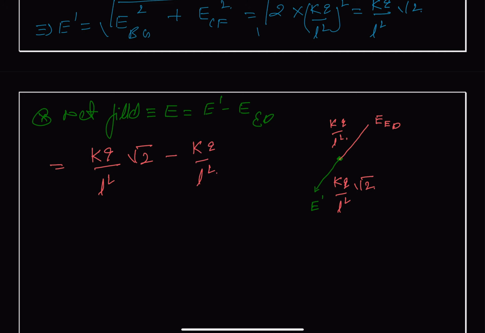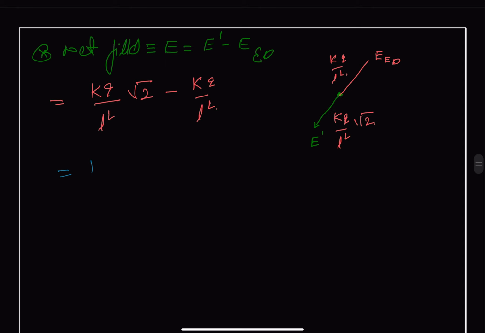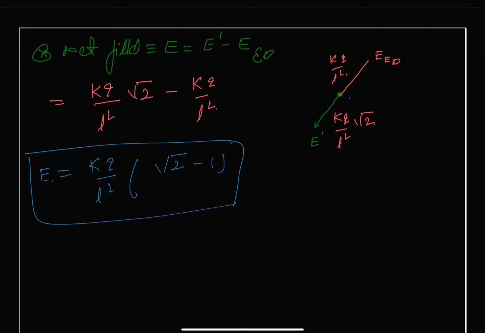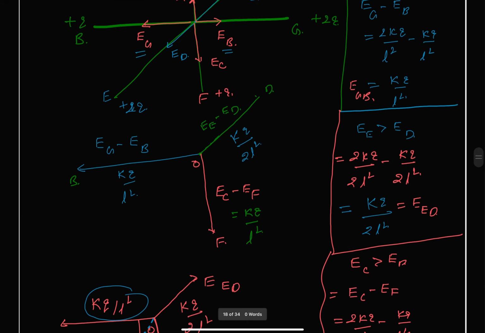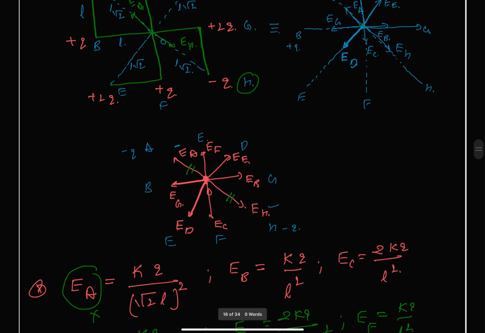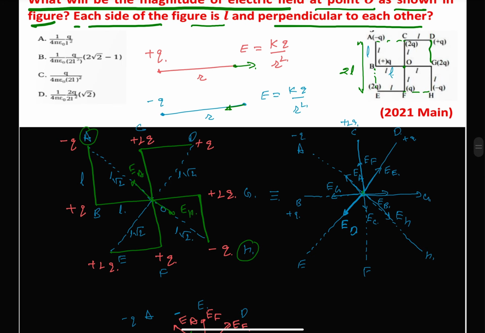We get this as kq upon L square into square root of 2 minus 1. So this is our net electric field at point O. This is point O, not 0. Okay, so option number B is correct.